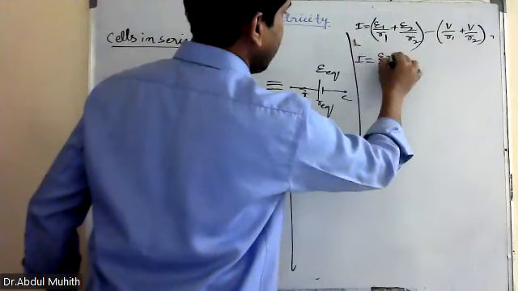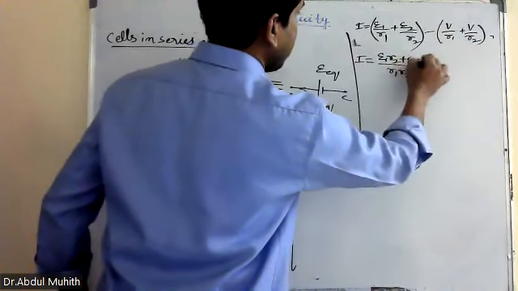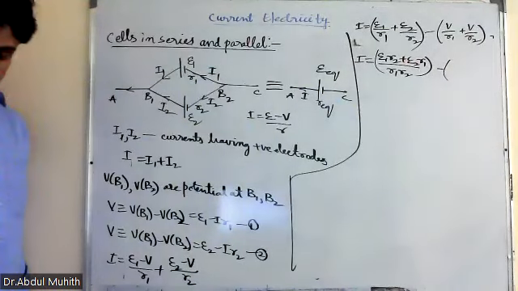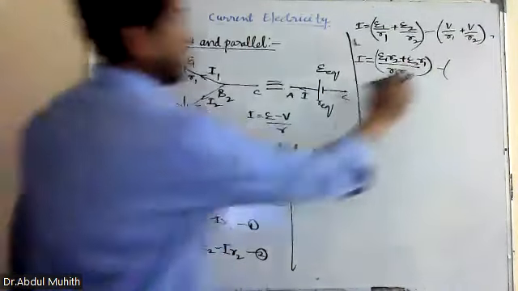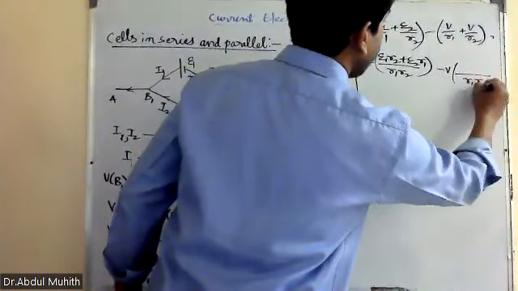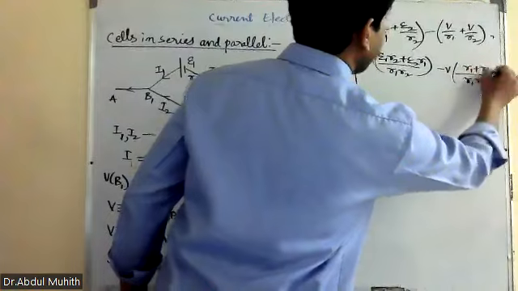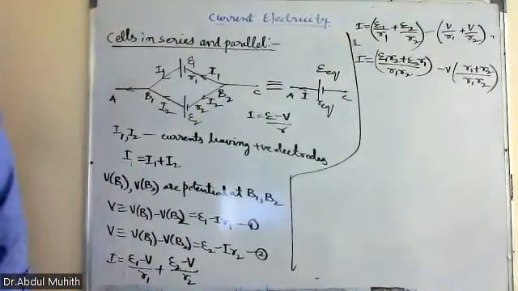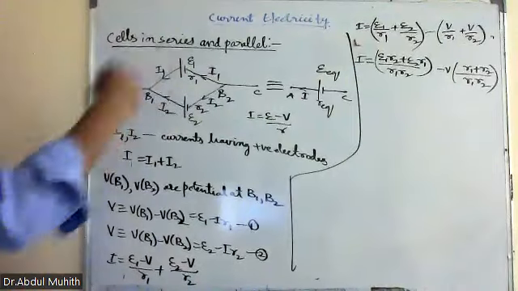So it will become E1 R2 plus E2 R1 minus V into R1 plus R2, over R1 R2. Okay. Now I will simplify that. I want the voltage now.